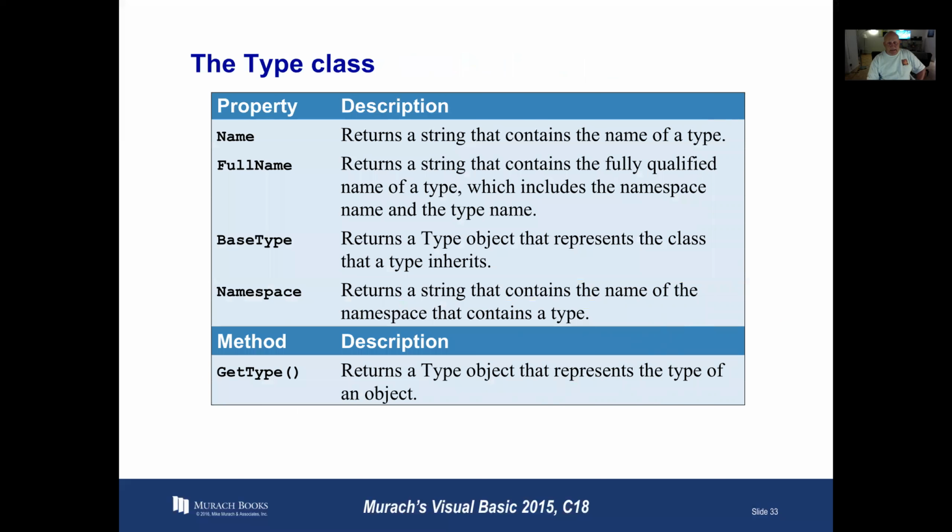So the Type class: Name returns a string that contains the name of a type. FullName returns the fully qualified name of a type. BaseType returns a Type object that represents the class that a type inherits. Namespace returns a string. GetType returns a Type object that represents the type of an object.